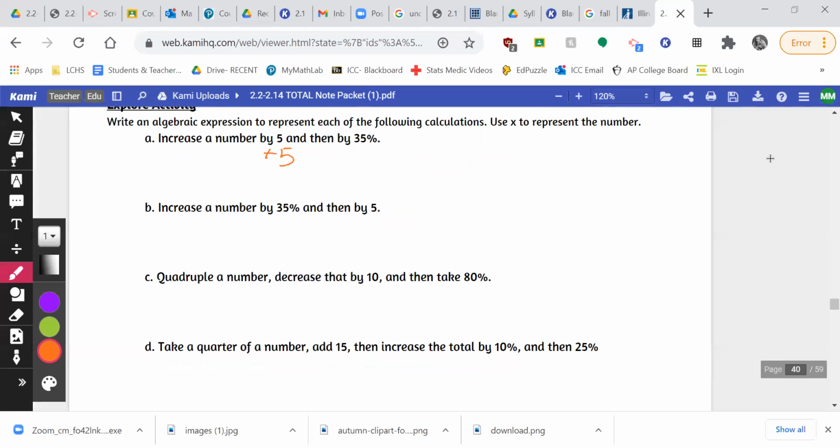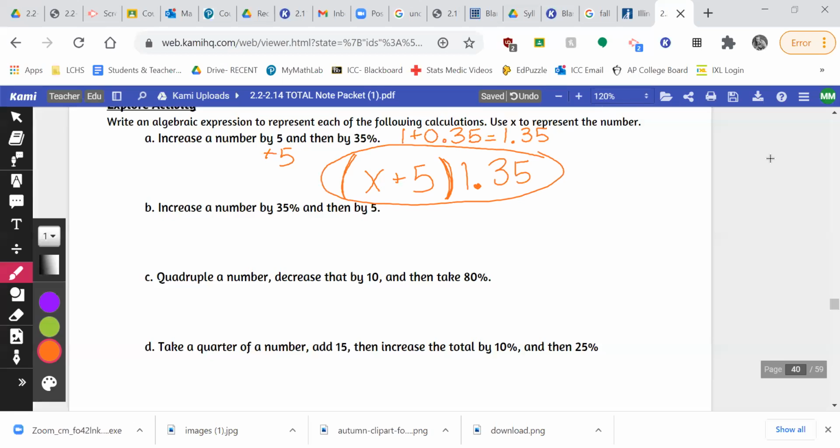You want to make sure that you apply the 35% after you have added 5, so you put that in parentheses. If you increase by 35%, that's 1 plus 0.35, or 1.35, and you can put that 1.35 before or after the parentheses.